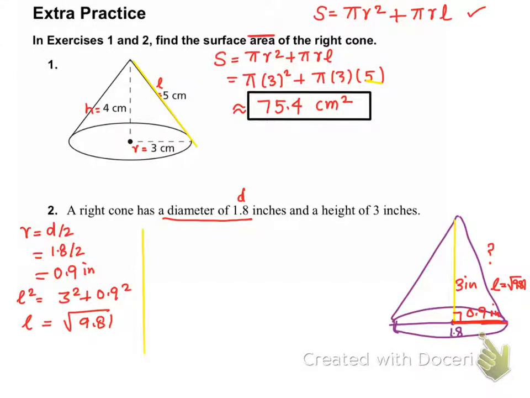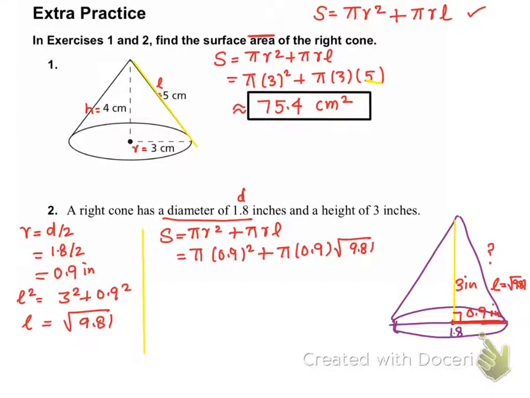Now let's move to the other part. We have to find the surface area. So surface area, I know that's pi r squared plus pi r l. Let's plug it in. Pi times 0.9 squared plus pi times 0.9, and now our l is the square root of 9.81. Now after this, it's all about using the calculator correctly.